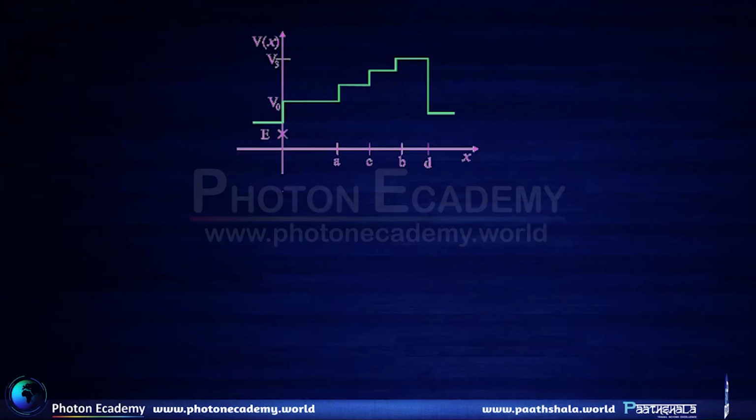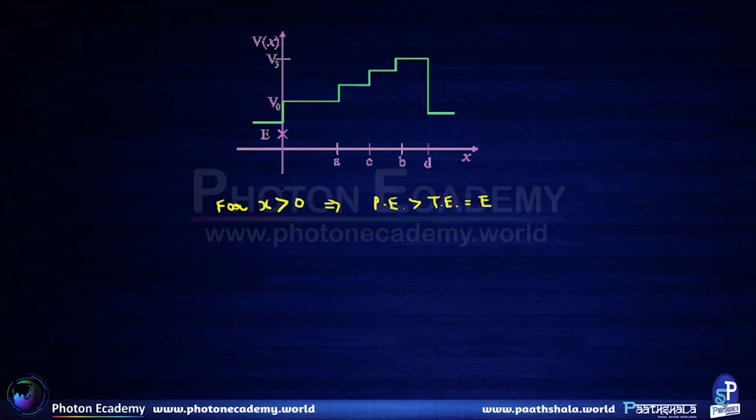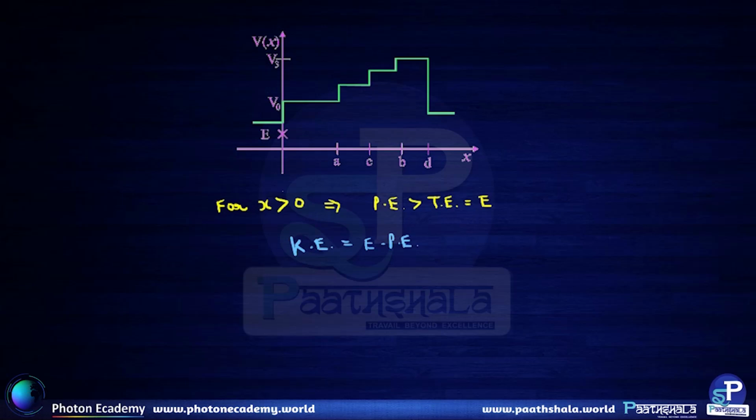Let us see the second case. As we can see here, for x greater than 0, the potential energy is greater than total energy, and total energy here is E. Therefore, the kinetic energy, which we know is E minus PE, will be negative, and this is not possible as we derived in the earlier case.